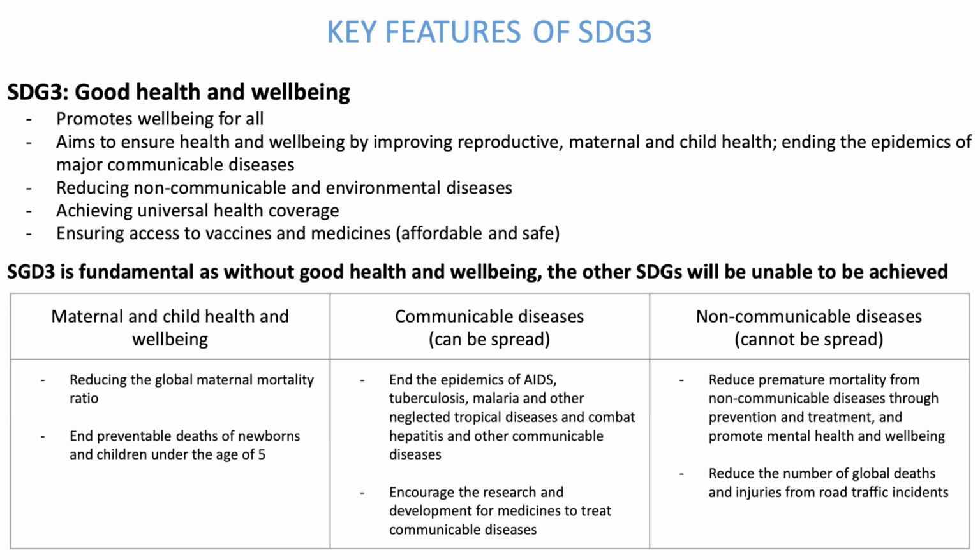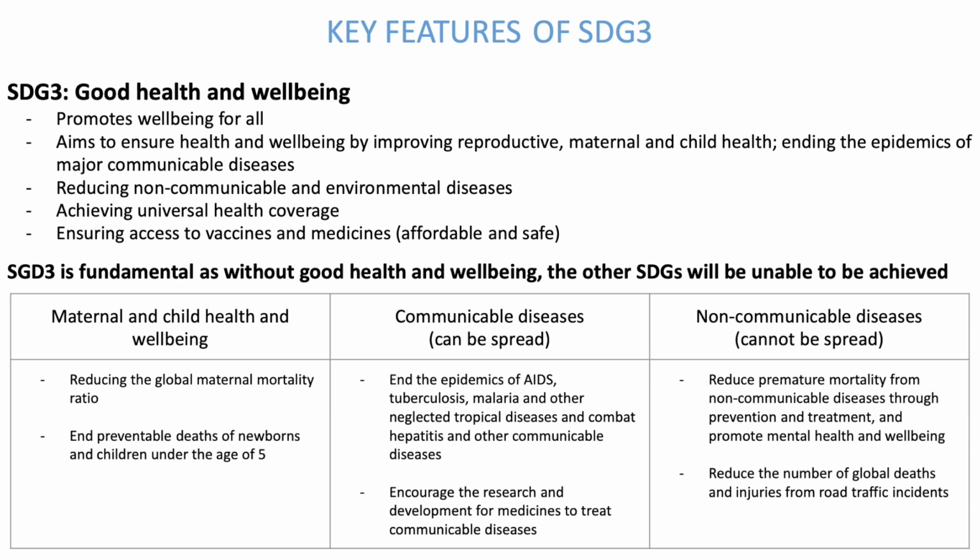I have created this table which will assist you in memorizing some of the key features. So I've broken it up into maternal and child health and well-being, communicable diseases, and non-communicable diseases. So for maternal and child health and well-being, we have reducing the global maternal mortality ratio and ending preventable deaths of newborns and children under the age of 5.